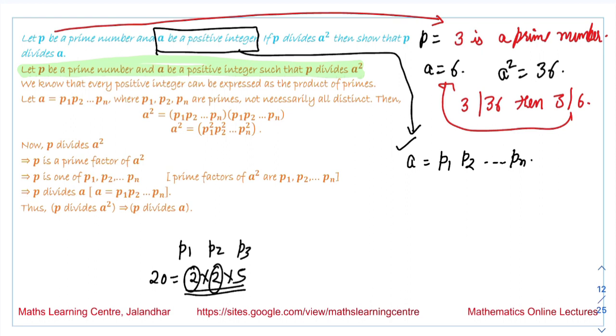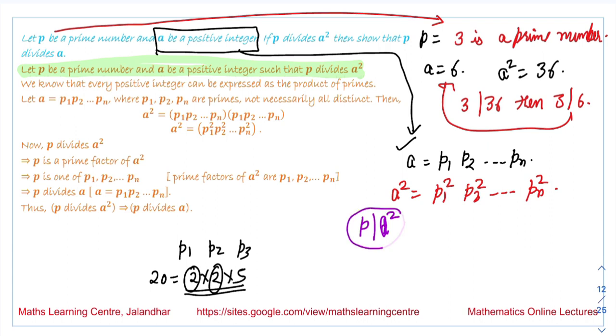Then if we square this number, we get a square is equal to p1 square into p2 square, and so on up to pn square. Now what is given to us is that p divides a square. It means p is a prime factor of a square.